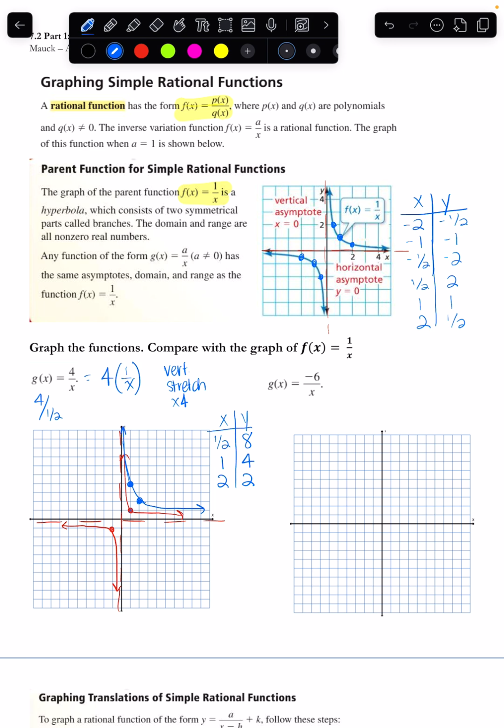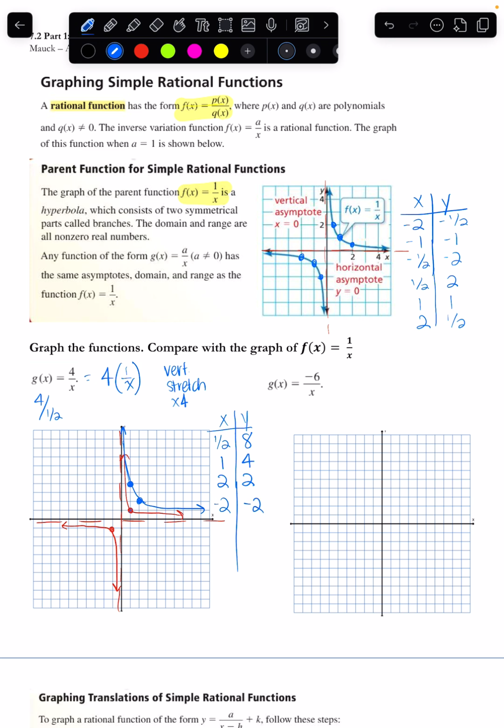The exact same thing is going to happen on the left side piece there. If you know what happens on this one, then you can just do the same thing on the other one, but we'll go ahead and make an XY chart. If we put in a negative, we'll say -2, 4 over -2 is -2.